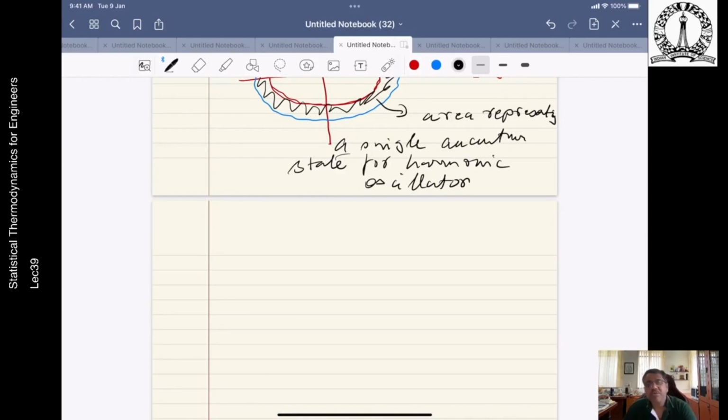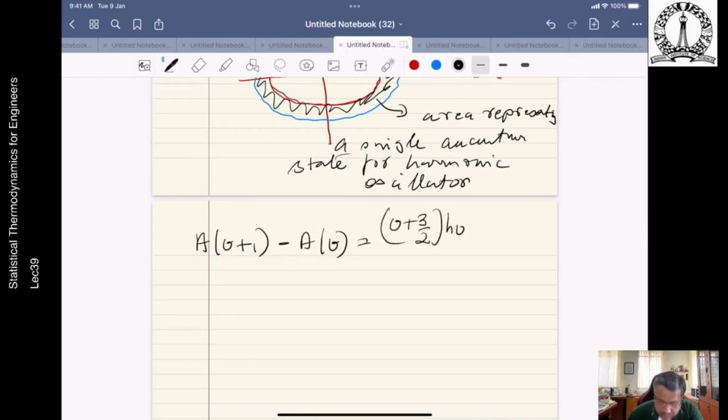Now using this figure, we can find the two areas, area v plus 1 minus area v, which is basically equal to h.